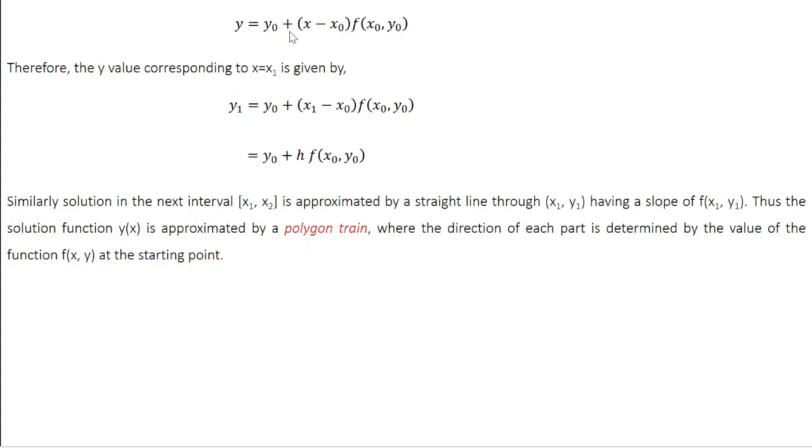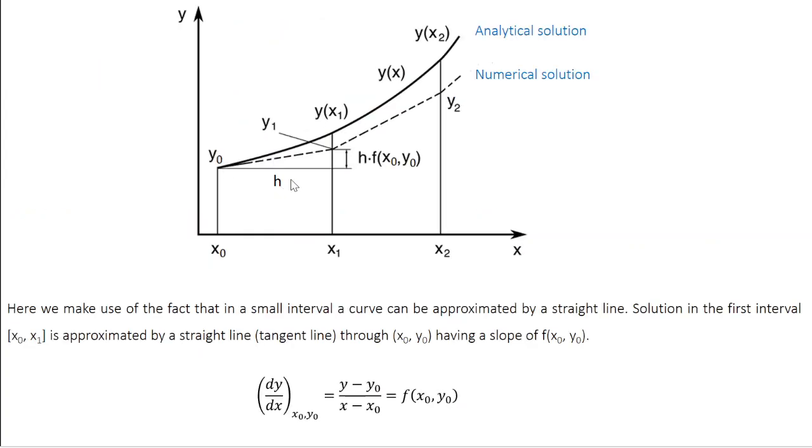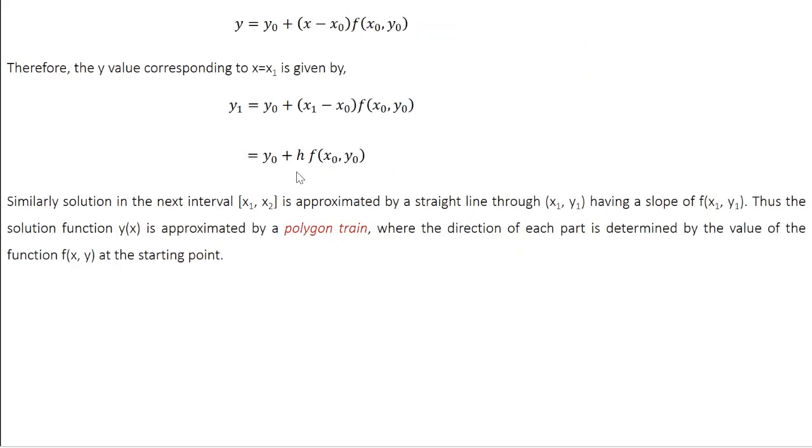So this is for any general x and y. Specifically for x equal to x1, what is the corresponding y value? You simply put the subscript 1 here: y1 equal to y naught plus x1 minus x naught into f of x naught y naught. And x1 minus x naught is nothing but the step size or the increment h. So that's how you get Euler's equation: y1 equal to y naught plus h into f of x naught y naught.